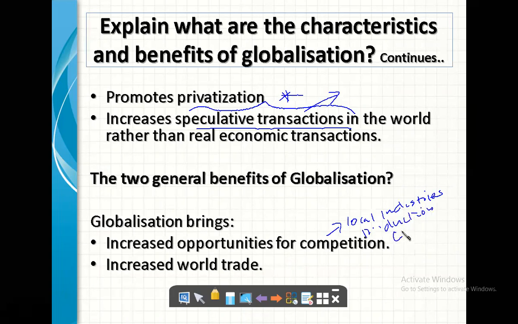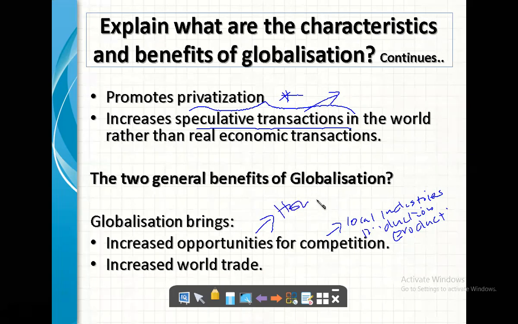Can you give me an example of a product that is produced locally but also produced from outside? Coffee, tea, honey. Honey, not money. Honey.